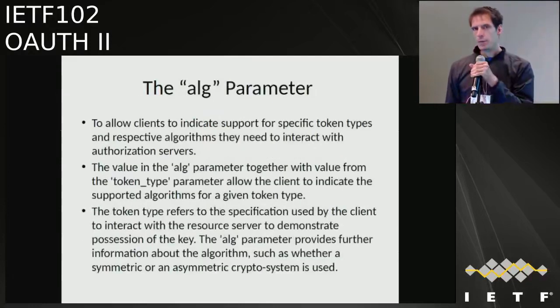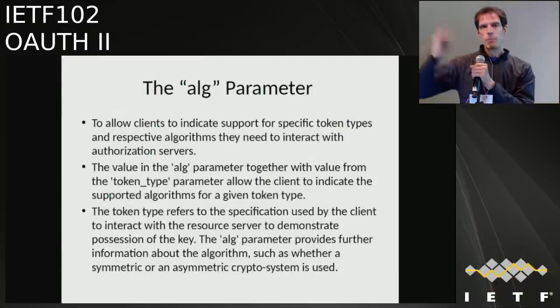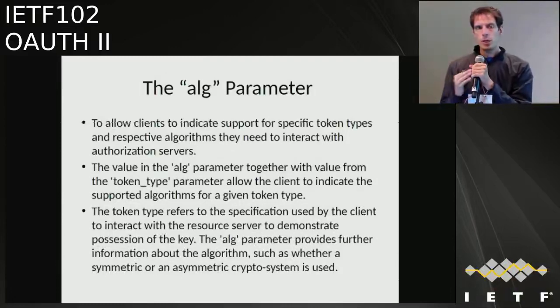It turns out in the PoP key distribution document, we had a different parameter at that time, called the algorithm, or ALG, parameter, which allows the client to tell the authorization server what algorithm it supports for use with the resource server. Back then, it was motivated by the work that Justin did on HTTP signing, which supported different algorithms.